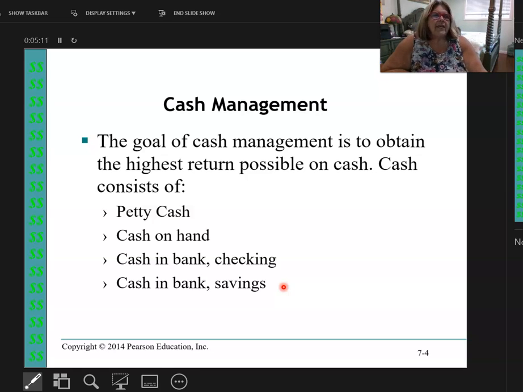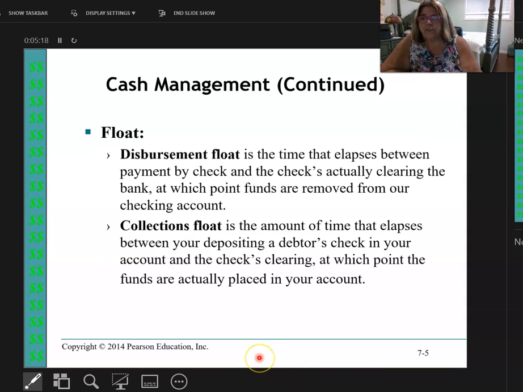So when we talk about cash management, there's a couple things. There's this term, and I don't like this term, but it's called float. Basically, float is floating your money before you actually have to use it. For example, a disbursement float is the time between when I pay somebody, when I actually give you your paycheck, and then you actually go down to the bank and deposit it.